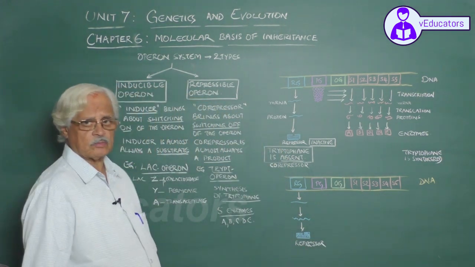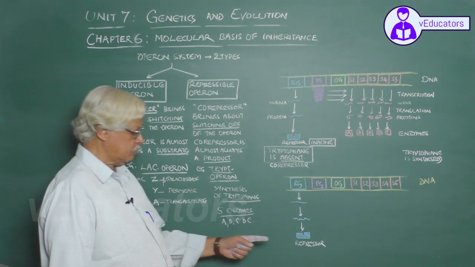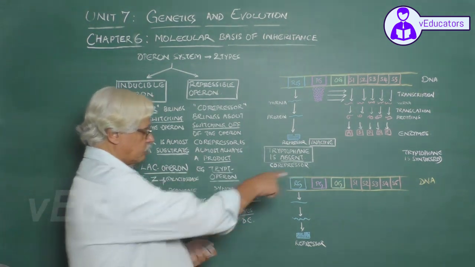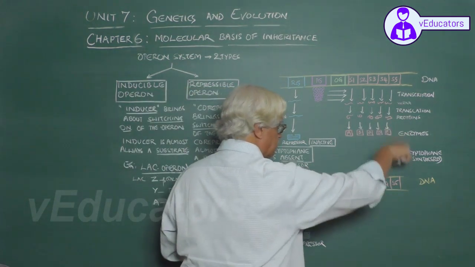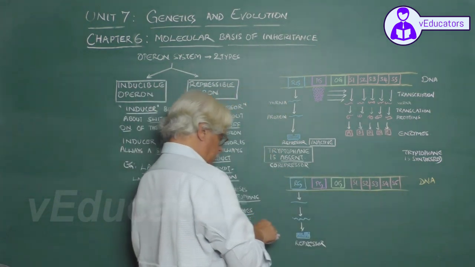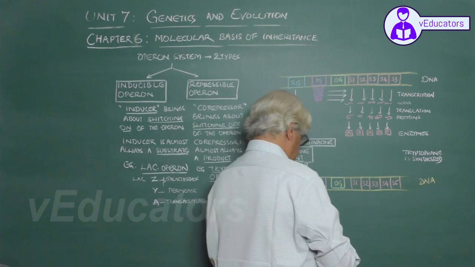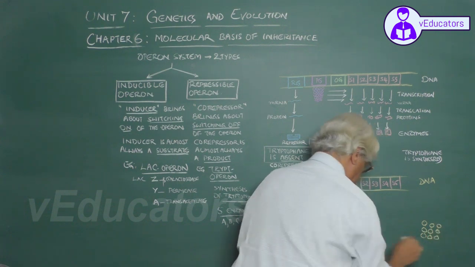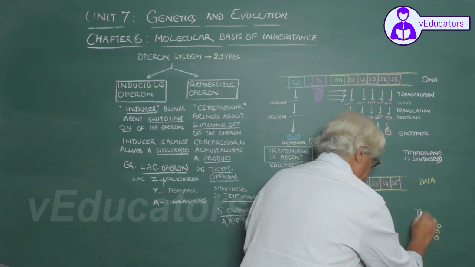So repressor is there, but co-repressor is absent. Now tryptophan is synthesized. So you have tryptophan molecules.